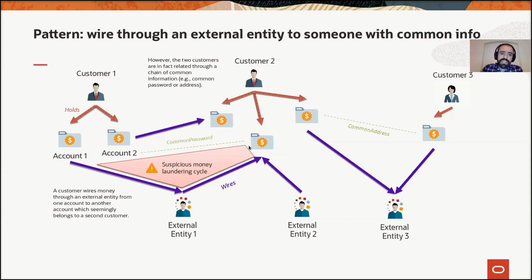And then there is a common password edge that connects one account of customer 1 to the account of customer 2. This suspicious money laundering cycle is what investigators are looking for, and then they analyze it further to see if it is a legitimate money laundering cycle.